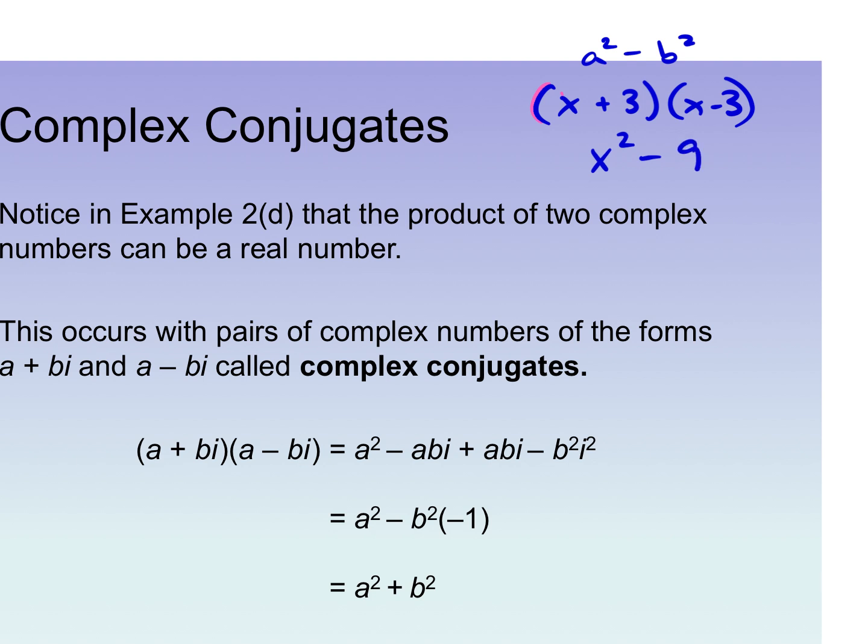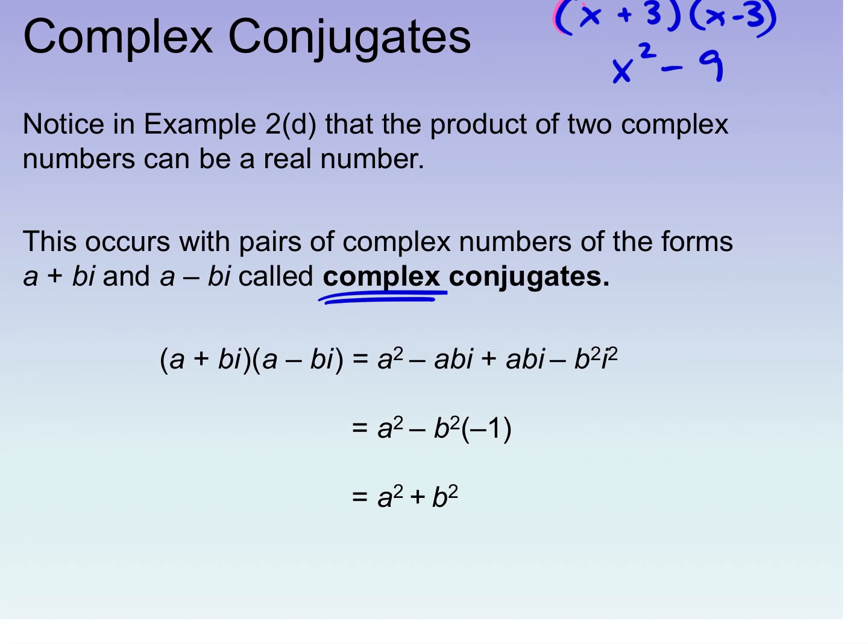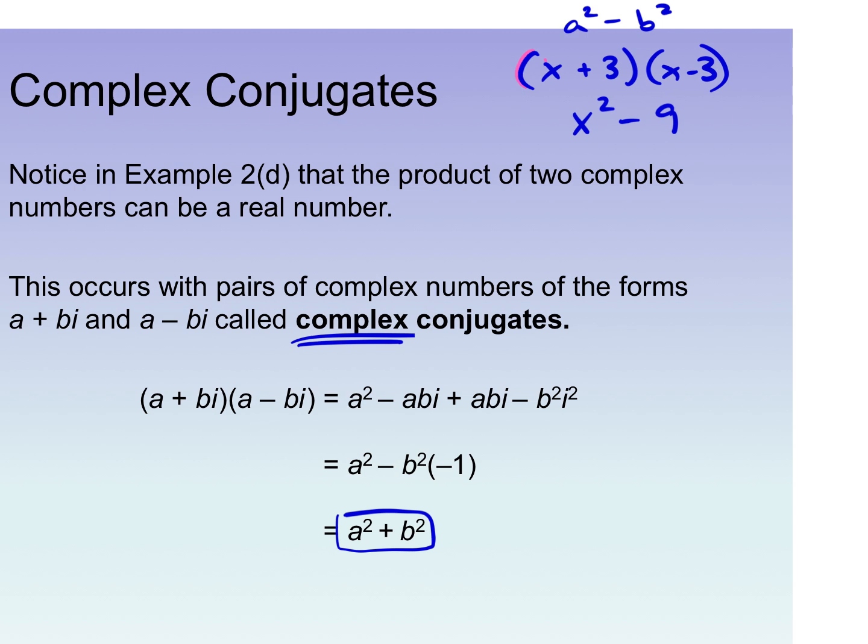Now the conjugate shortcut, when you have an imaginary number, so when you have complex conjugates, it's a little bit different just because when you have an i, that i squared changes the sign. So instead it becomes a squared plus b squared. So just be careful with this. You can do it either way. Do your a squared minus b squared, but then you just have to change the i squared.